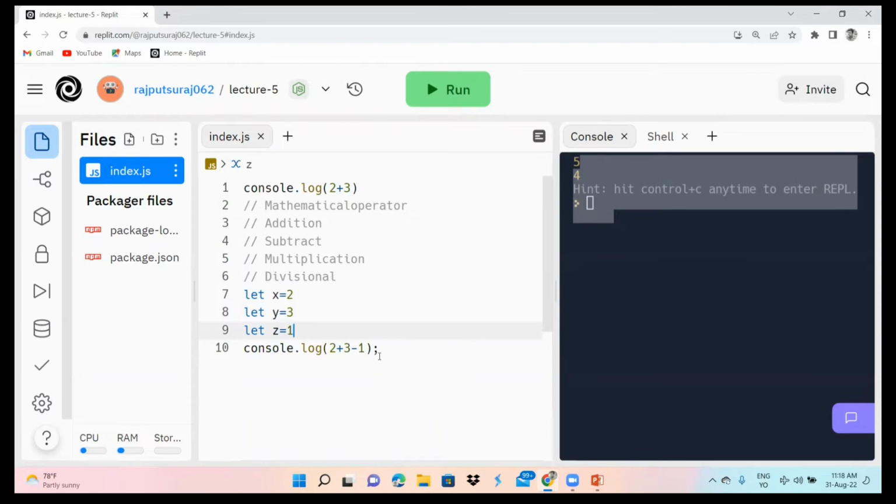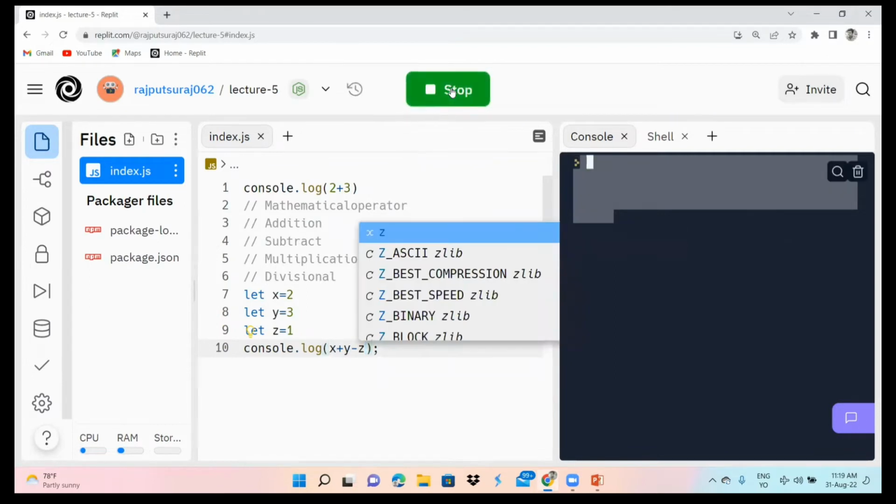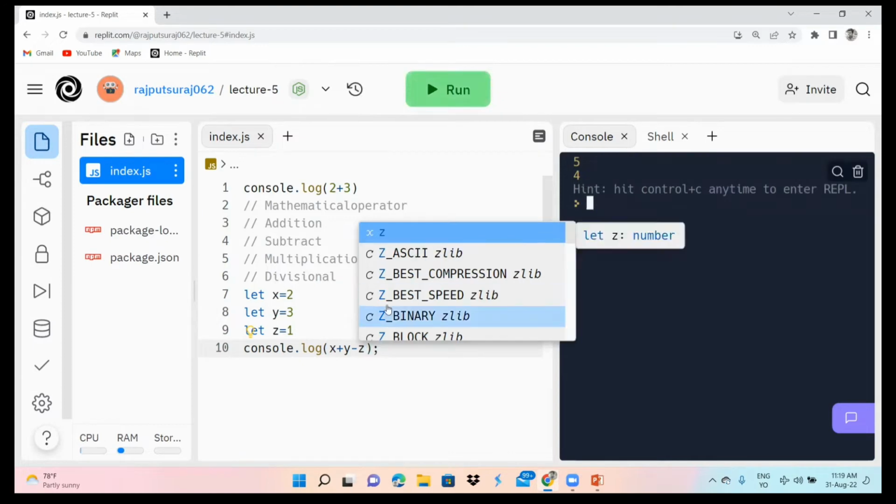If you write x plus y minus z, this will also give me the output as 4. You can see from here our output is 4.